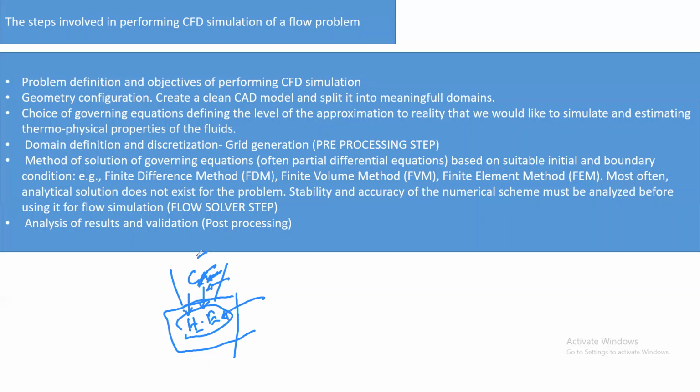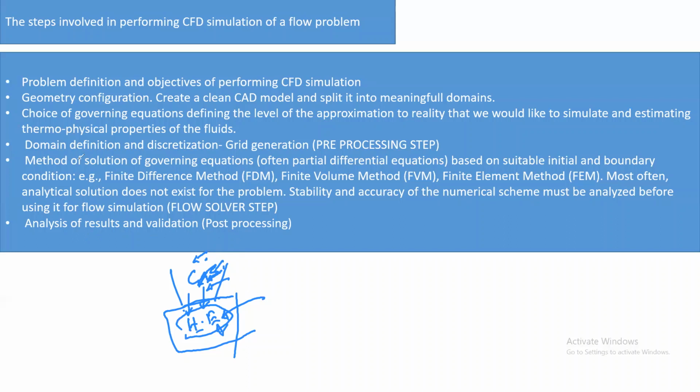If you use diesel instead of petrol, the result would be different, because diesel has a different viscosity and different density. You have to calculate the proper thermophysical properties and give them correctly so that you can get the correct result. That is also an important parameter to look at.